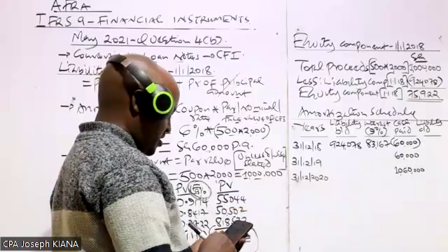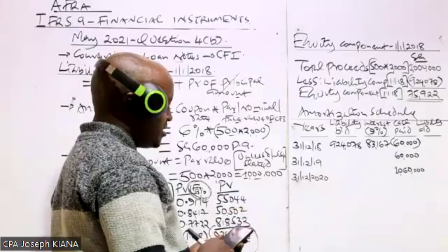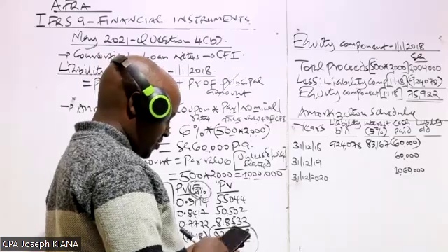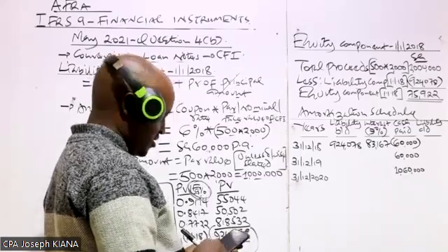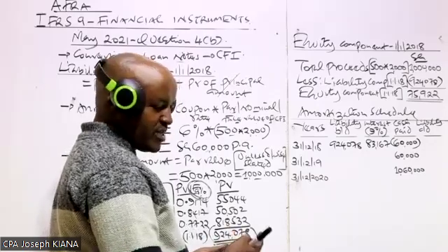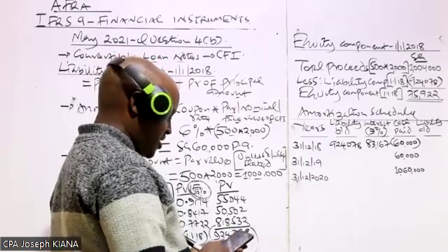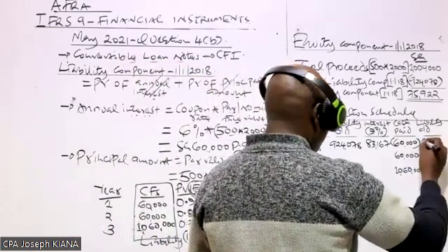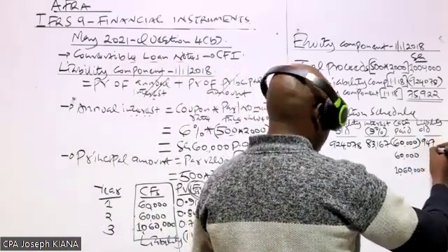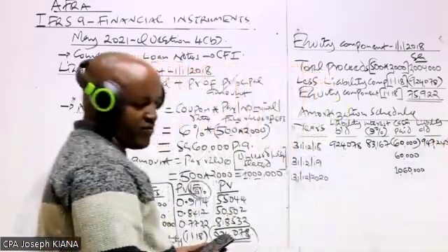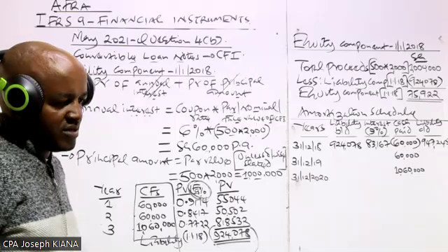So we take the liability at the start, which is 924,078, plus the interest, which is 83,167, minus what was paid, 60,000. That will give us 947,245.